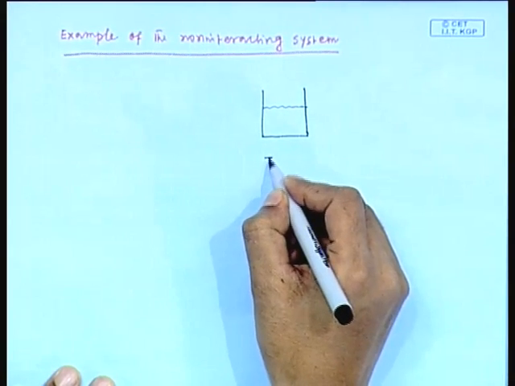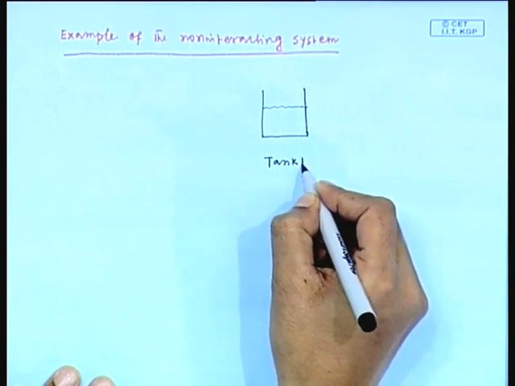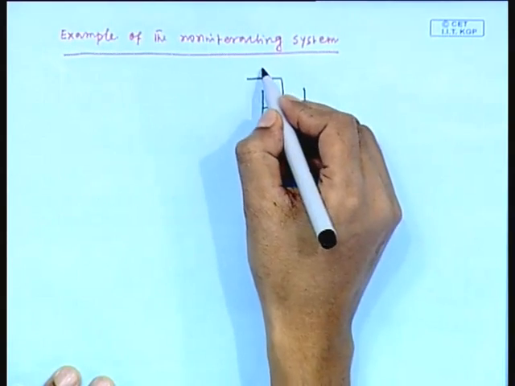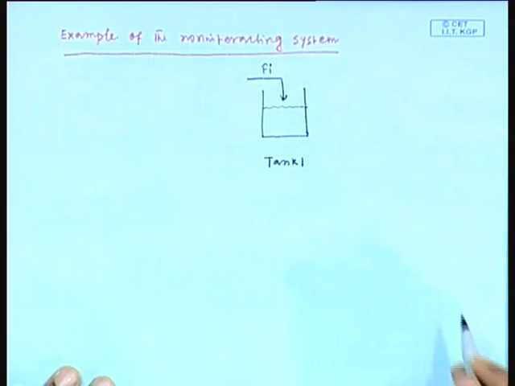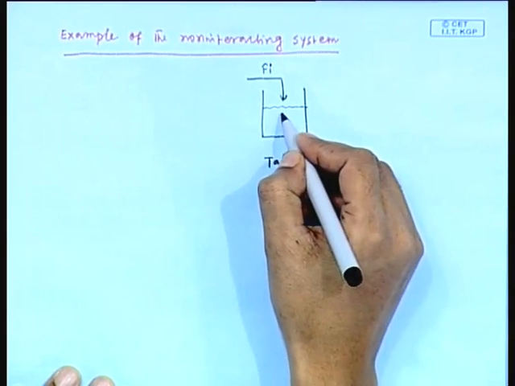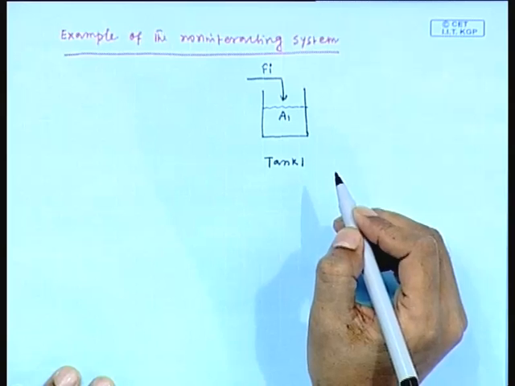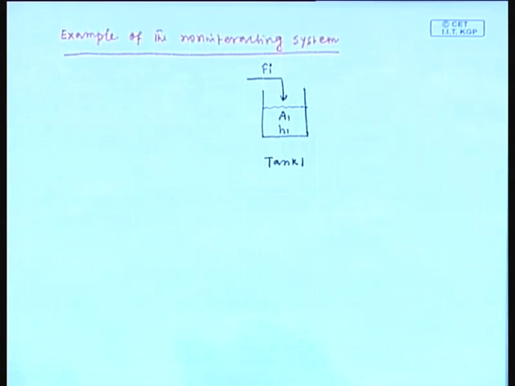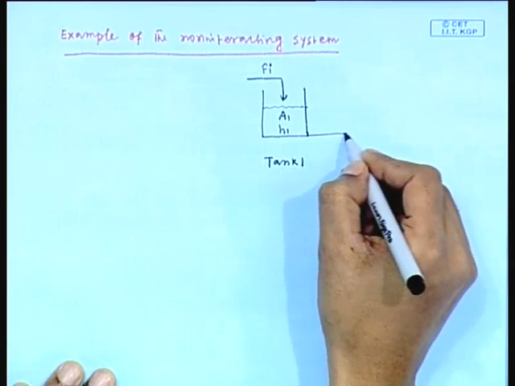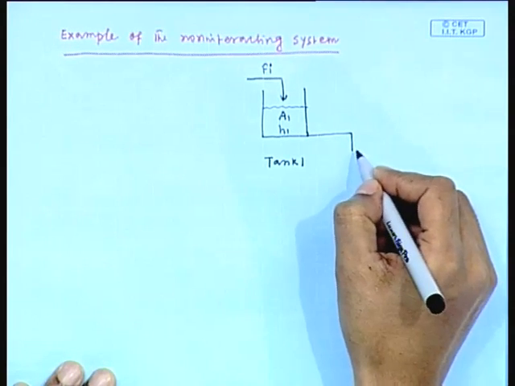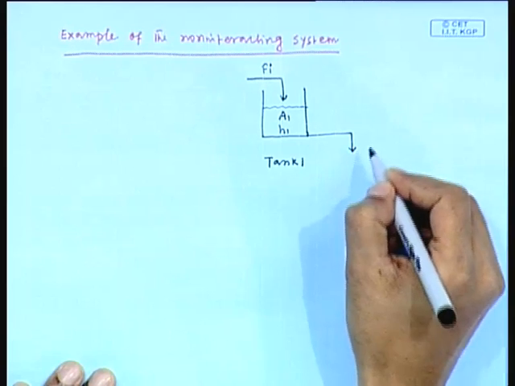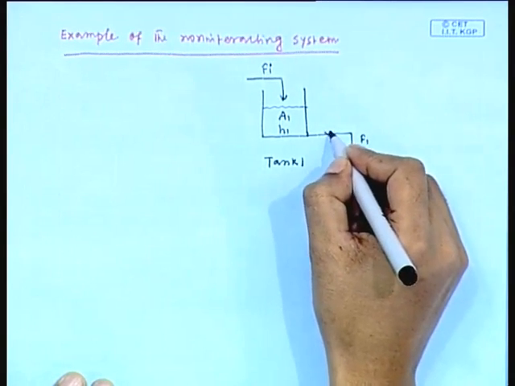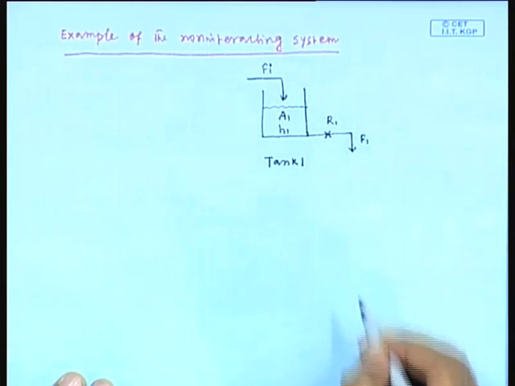So, this is tank 1. Input to this tank is Fi. Cross sectional area is A1 and height is H1. Output is F1 and resistance to flow is, suppose, R1.